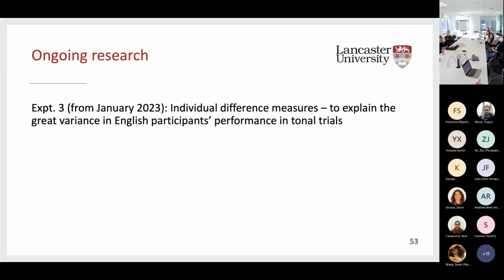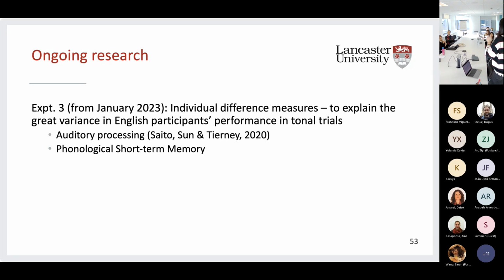Some people achieved an accuracy of like 80% after learning. We wanted to know what contributes to this great variance. What makes some people learn better? We're going to look at the auditory processing tasks by Saito et al. And we're going to look at memory, phonological short-term memory, and aptitude, to see if any of these could explain why some people learn better.